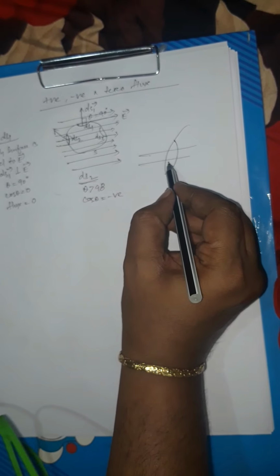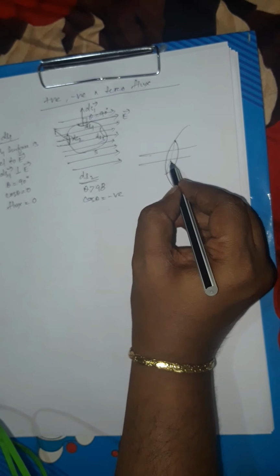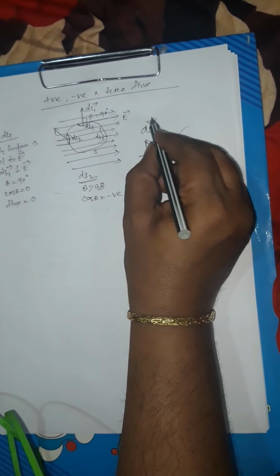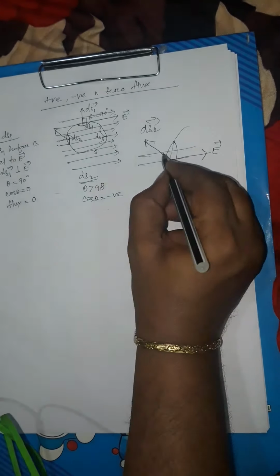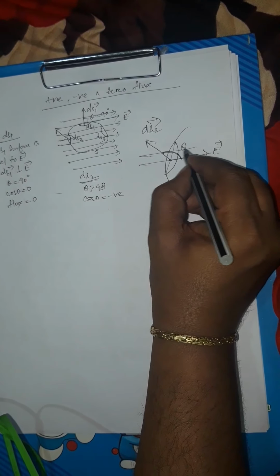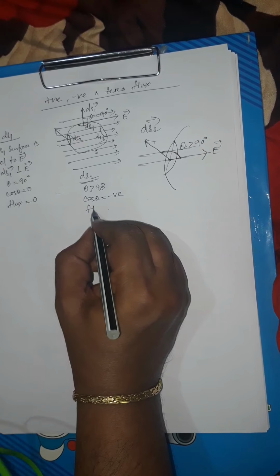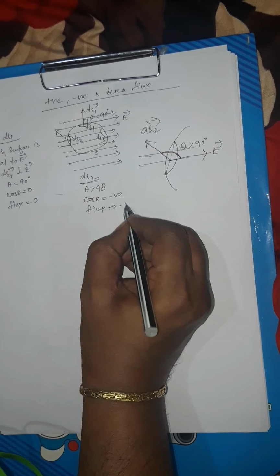This is the plane, this is the normal, and this is the electric field. So this is the ds2 vector, this is your E vector, and this angle theta is greater than 90 degrees. So the flux is negative.